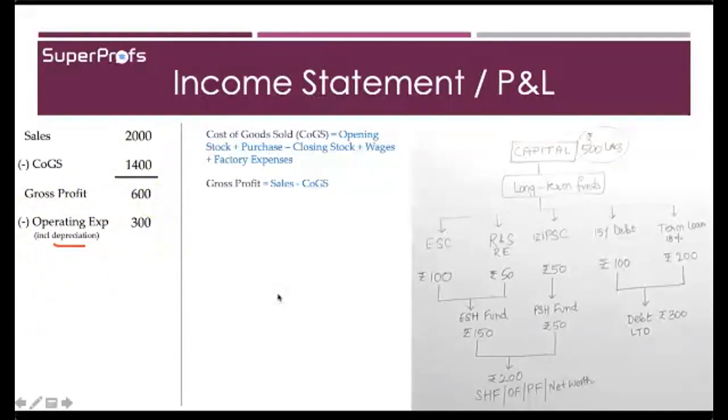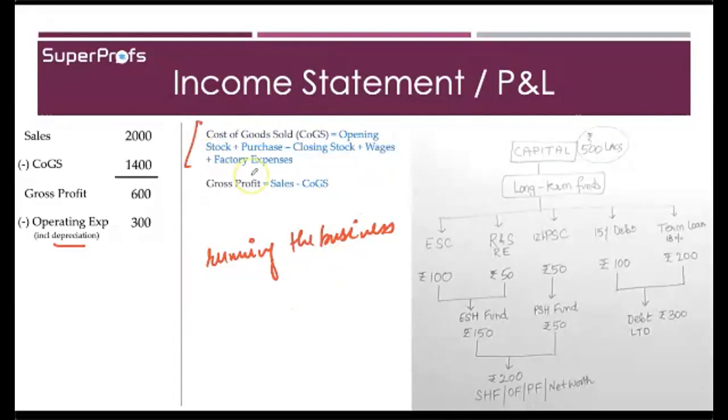If you are still not clear as to what operating expenses are, you need to understand that there will be a lot of costs incurred in running the business. Let's say we took this example of the manufacturing company, where there is a factory. In the factory there will be different machines, and there would be wear and tear of these machines.